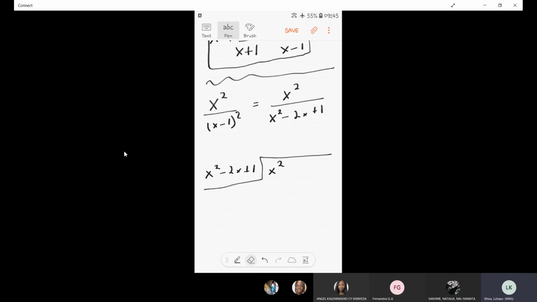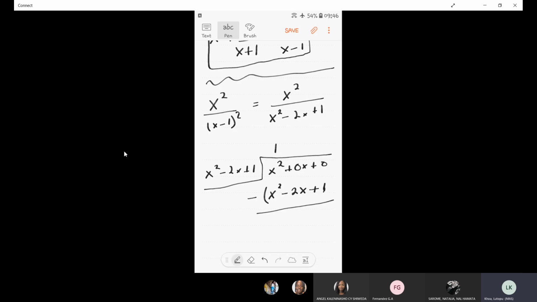So first one, x squared divided by x squared. My answer is 1. And then I multiply everything by 1. So I get x squared minus 2x plus 1. And then I subtract. x squared minus x squared is 0. And then over here, I have 0x plus 0.